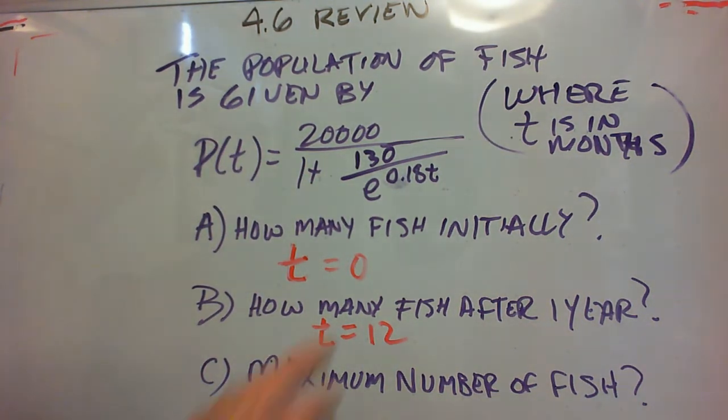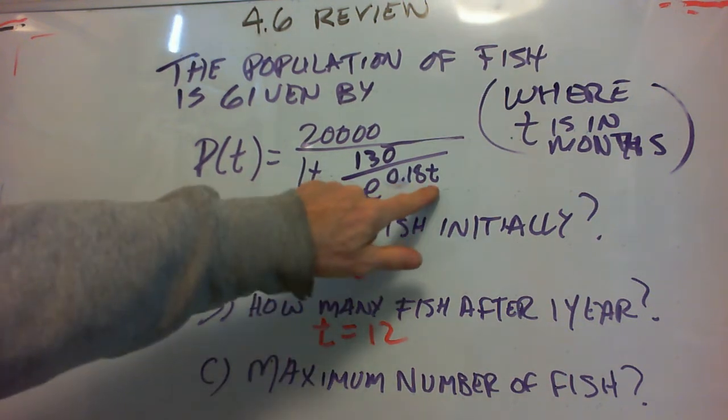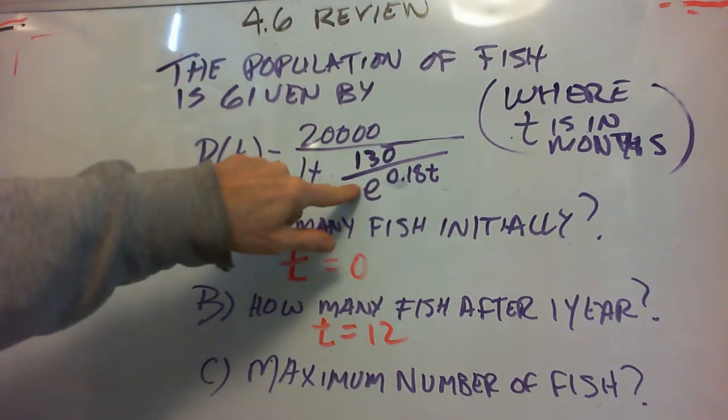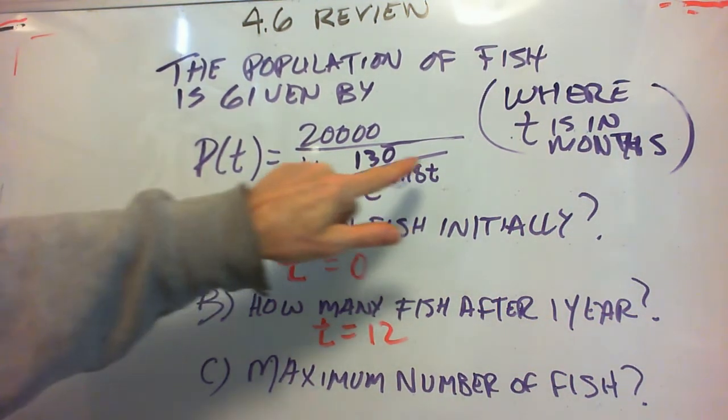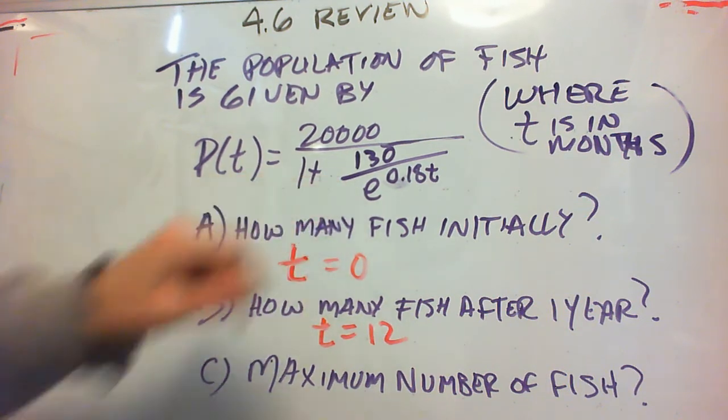But then when t is 100, it's e to the 18th power, which is 65 million something. When t is 100, that 130 over 65 million something is practically 0. And as t gets bigger and bigger, the closer this fraction gets to 0.